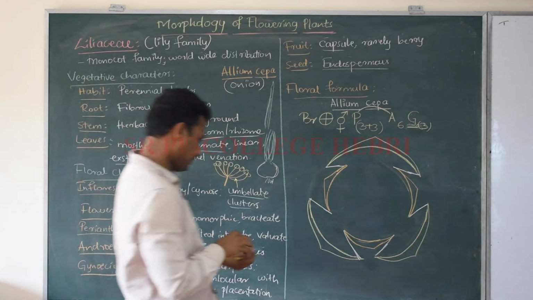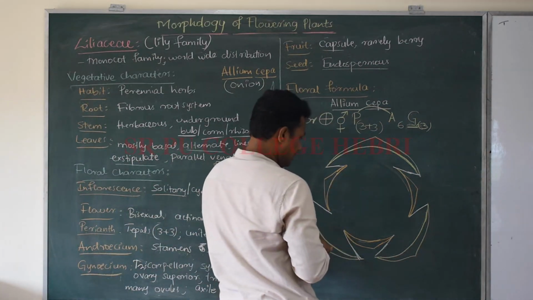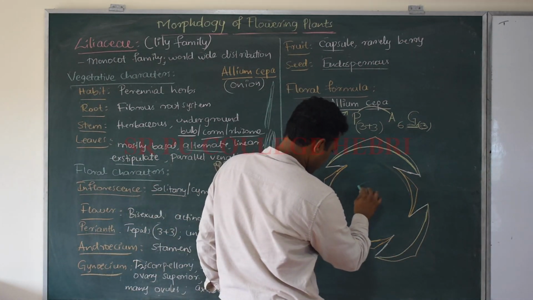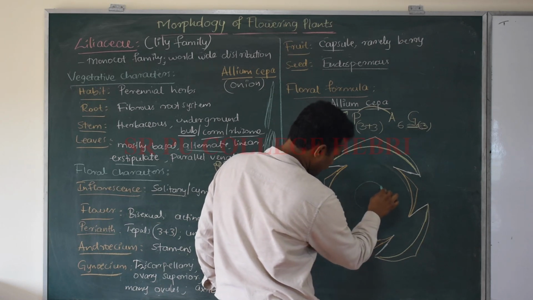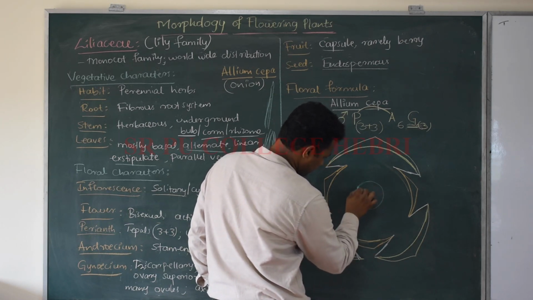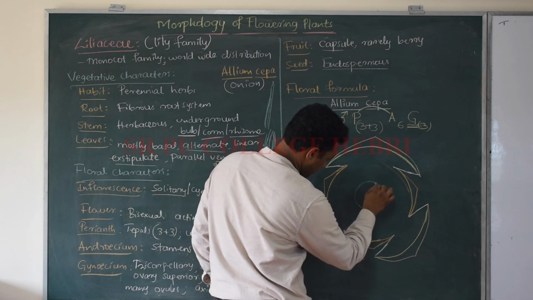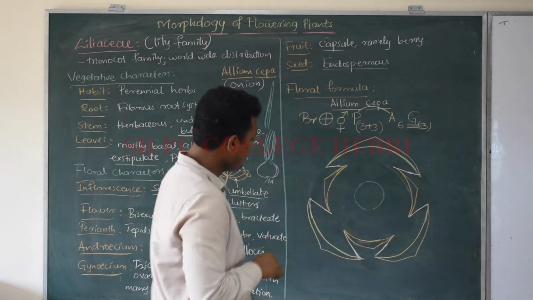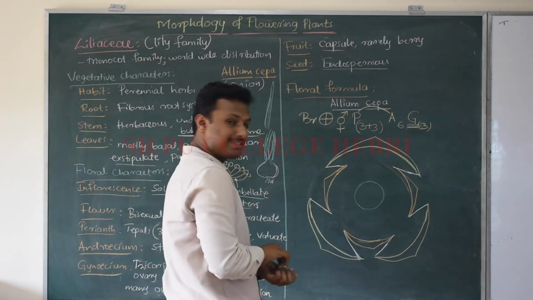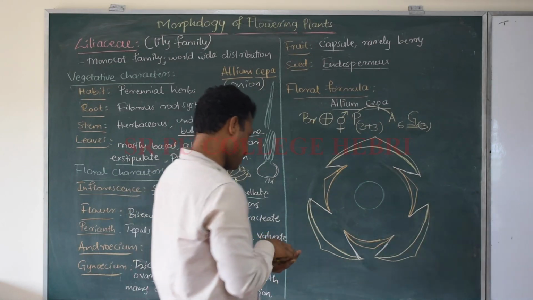Okay, now you need to draw which one? A circle at the center, which will denote the gynoecium, and how many stamens are there? Totally 6 stamens and epipetalous condition, right?